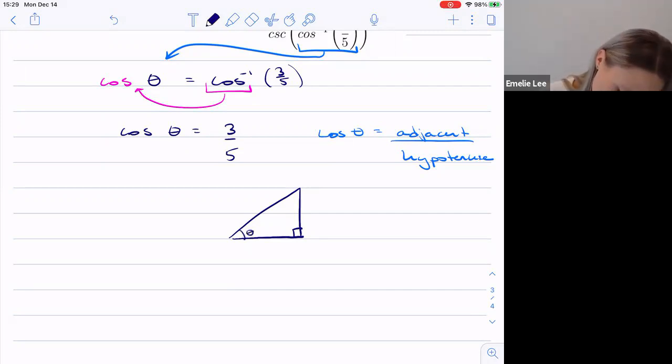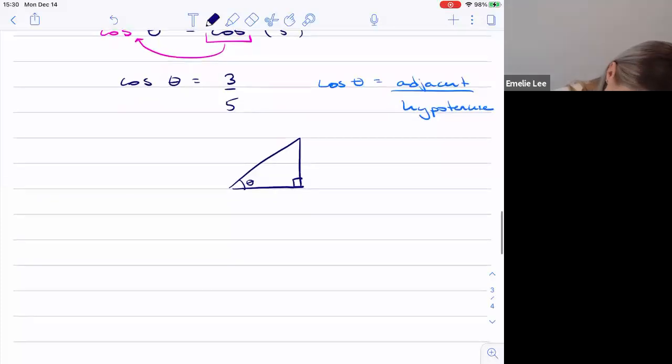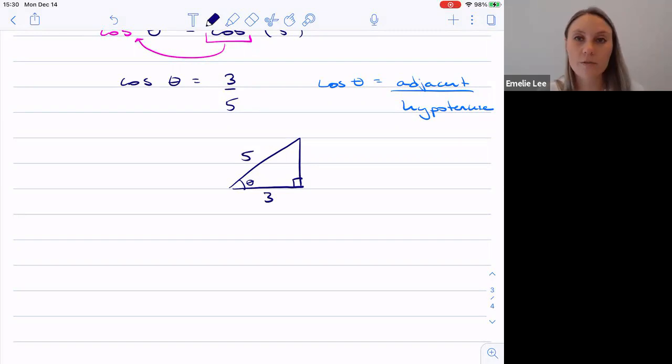And I'm going to put theta down here. You could have just as well put it over here. It doesn't matter. We know that the adjacent to theta here is 3 and the hypotenuse is 5. Remember, the hypotenuse is always the side that's opposite the 90-degree angle.